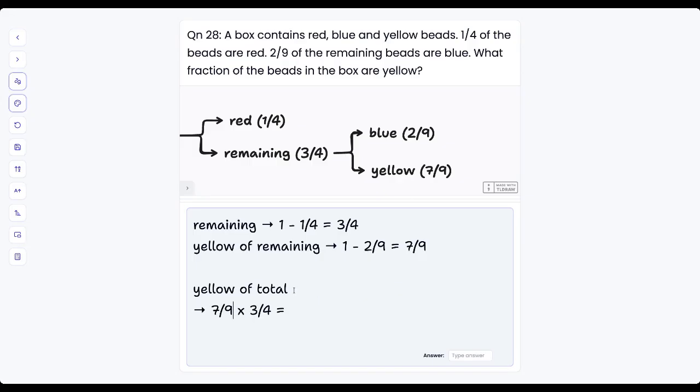So 7 over 9 times 3 out of 4. We can cancel out, so it's 7 out of 3 times 1 out of 4, and this will be 7 out of 12. So that's the answer, 7 out of 12. There you go.